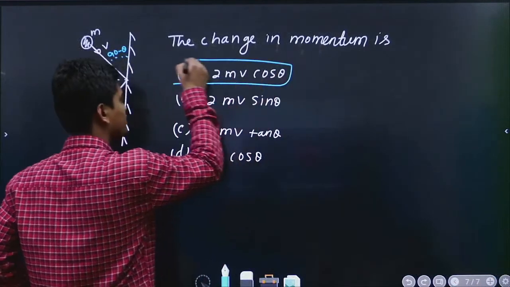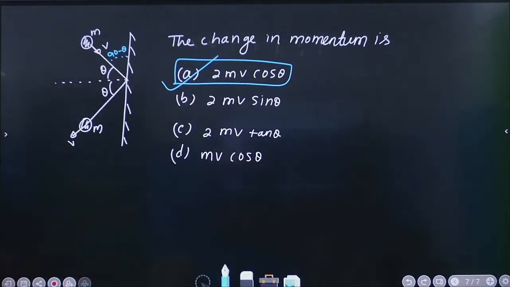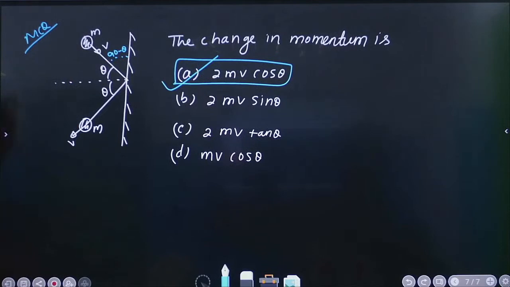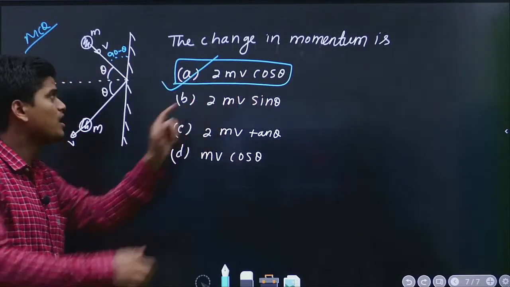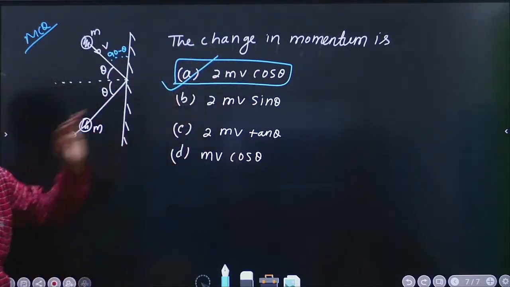So the answer is 2 mb cos theta. No need to calculate anything else, and you don't need to find the initial and final momentum. Just remember, if this angle is mentioned as theta, then it is 2 mb cos theta. If this other angle is mentioned, then it will be 2 mb sin theta.